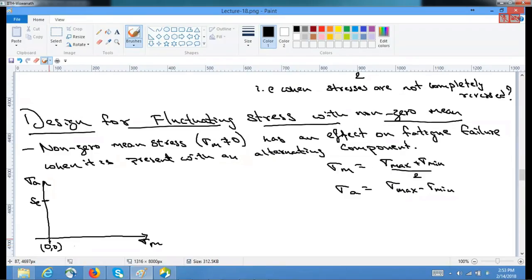But when sigma mean is 0, you know that the failure happens at SE. That is what we studied in the previous case for single loading cases.